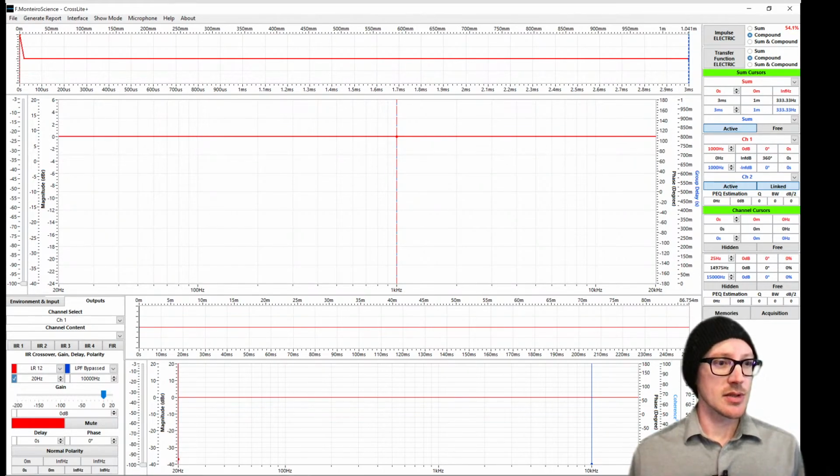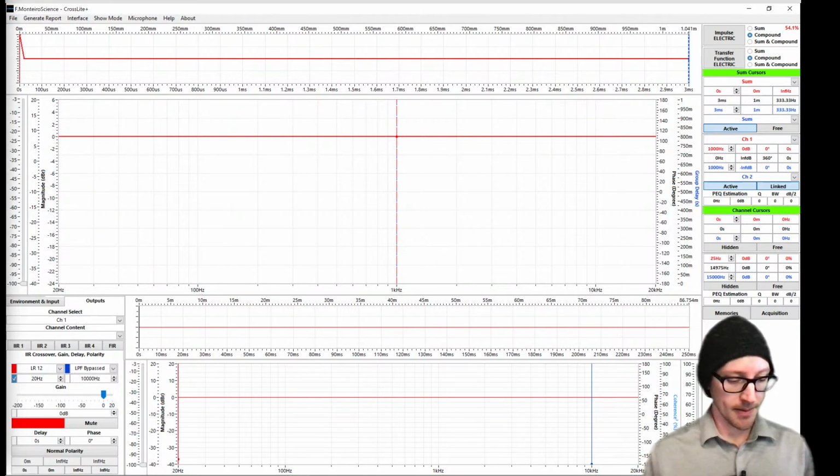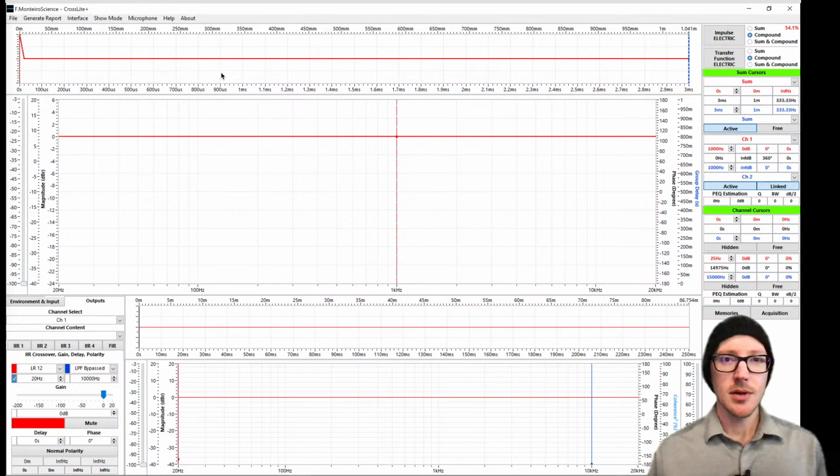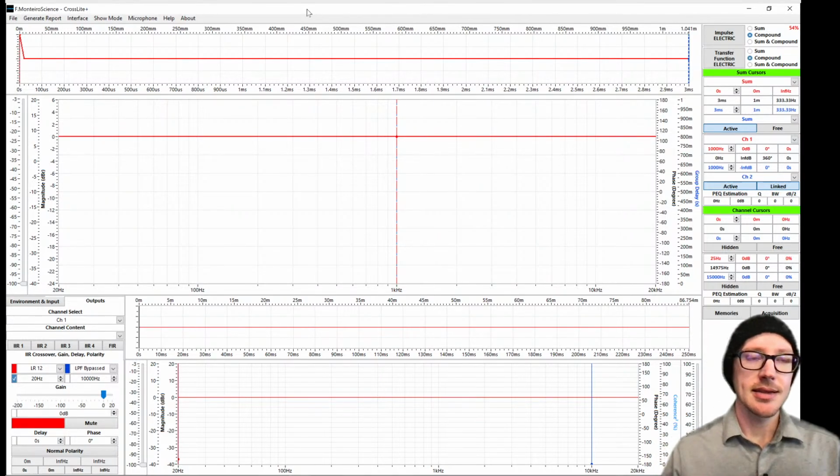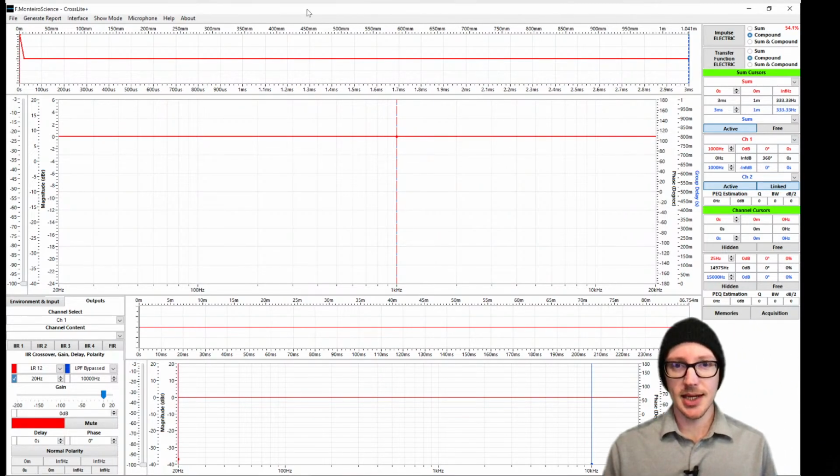Okay, so let me make sure everything's working okay. Here we're looking at this piece of software called Crosslight.